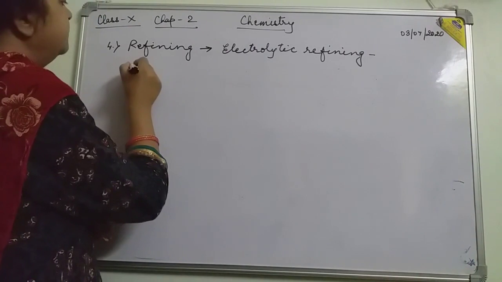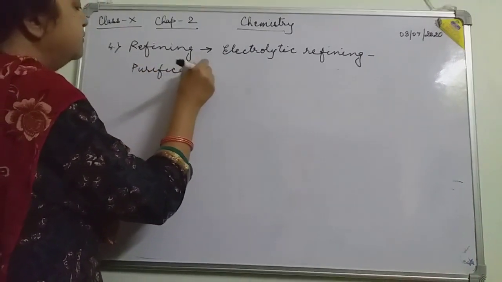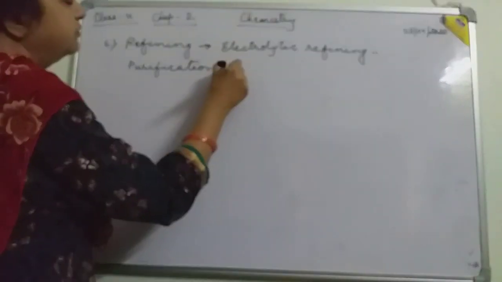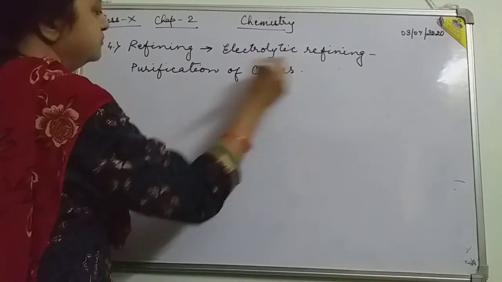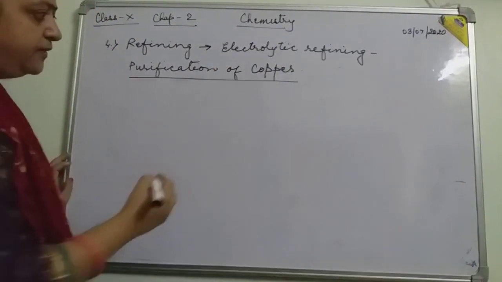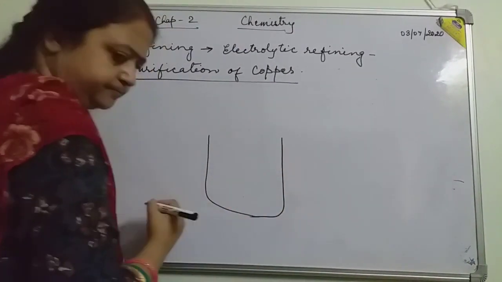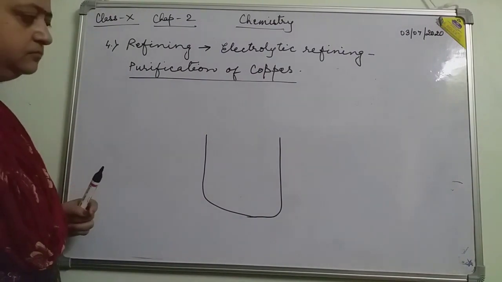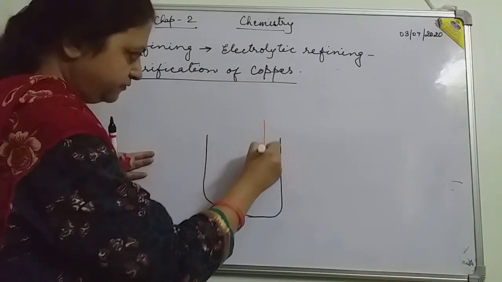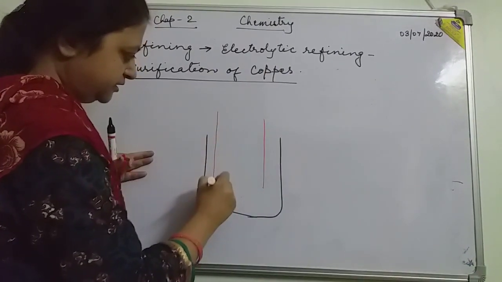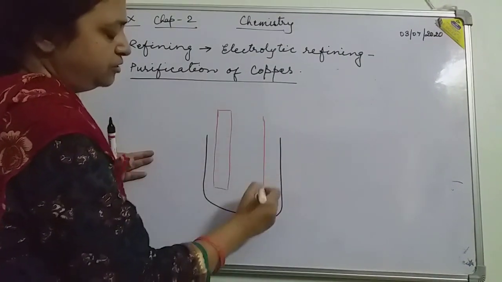So, purification of copper. To purify copper, we need two electrodes made of copper rod.